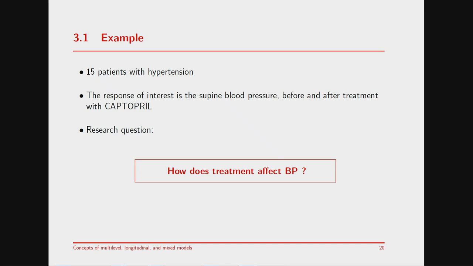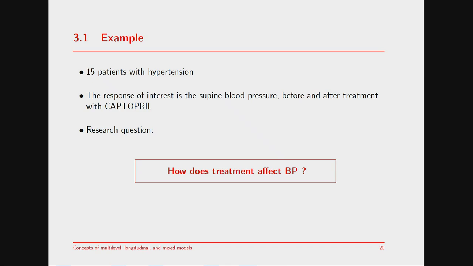So this is a very simple data set, 15 patients with hypertension, so high blood pressure. And these patients will be treated with a drug called captopril, and that's where the name of this data set comes from. And the blood pressure is then measured before the treatment starts and then sometime after the treatment has been given to these patients.